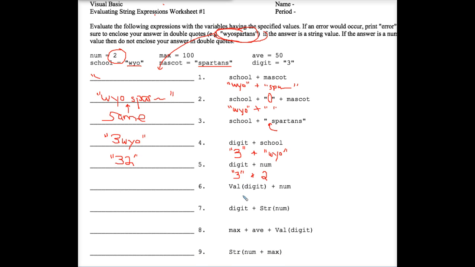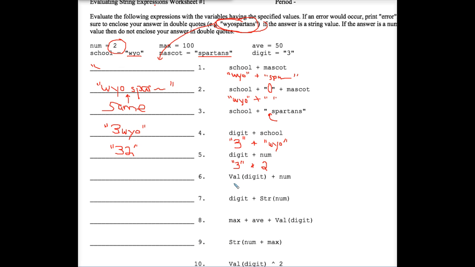In number 6, I'm using the command val. It's in the lecture notes. You can read more about it and see other examples. But here's what you can think of it as. Val simply rips the quotes off of something that has quotes around it. So by plugging digit in as a 3 with double quotes, as you see above on this paper, and then eventually adding that to 2, the next step is to rip the quotes off the 3.